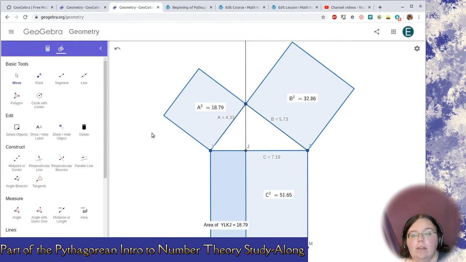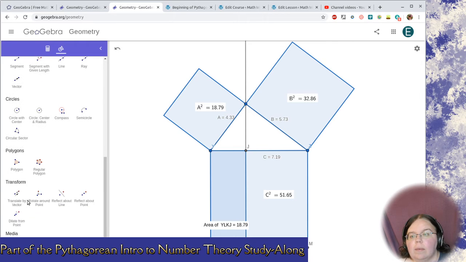And I notice that depending on exactly which one we're looking at, this rectangle here is double the area of certain triangles. So I'm going to draw one of them on. Let's see, there's my polygon tool.